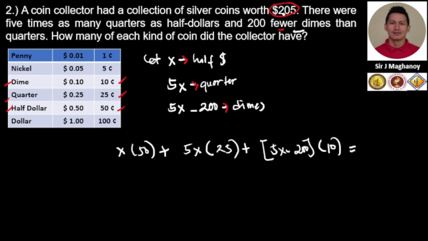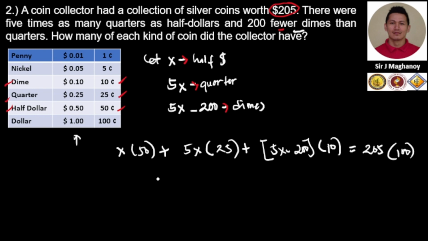If this side is in cents, the other side should be in cents also. So you need to multiply it by 100 to make it cents on both sides. Or if this is in dollars, you need to use the other multiplier. Since we use cents, we multiply it by 100.